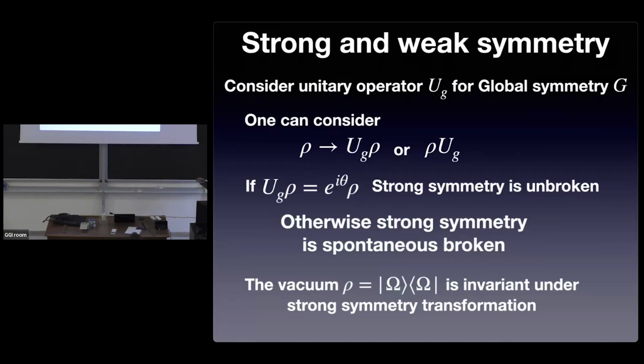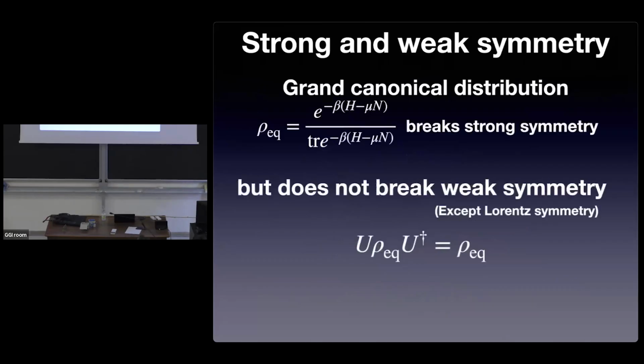Usually, if this is a pure state, then this is invariant. But ordinarily, the mixed state is not invariant. In particular, we are interested in the grand canonical ensemble. Obviously, this state is not invariant under the strong symmetry, because this state mixes the energy and particle numbers.